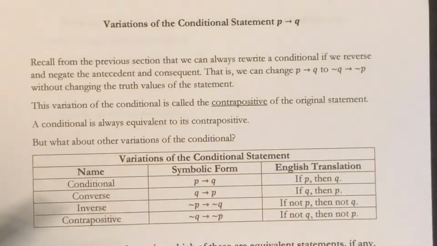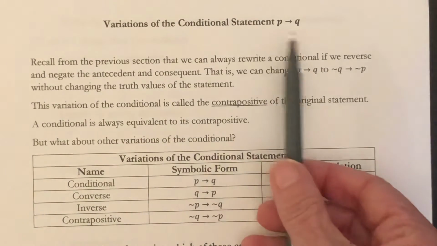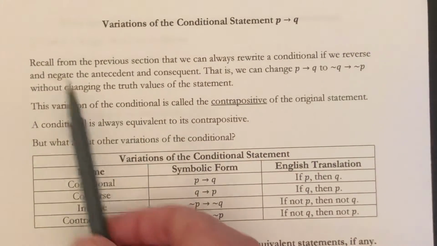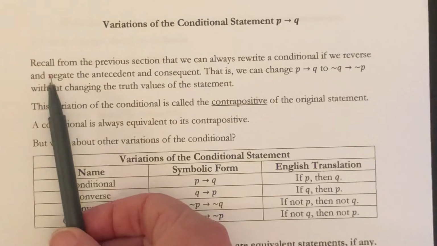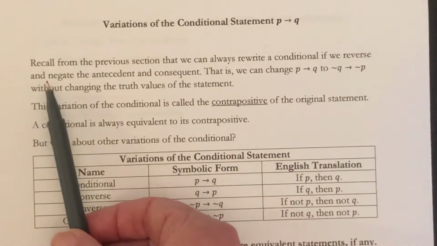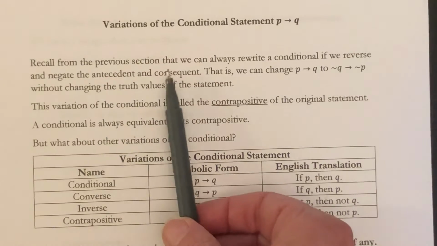So one of the things we're going to talk about is how to recognize various valid or equivalent things with conditionals. So our normal conditional is if P, then Q. And in a previous section, we said that you can always rewrite a conditional if we reverse it and then negate both the antecedent and the consequent.